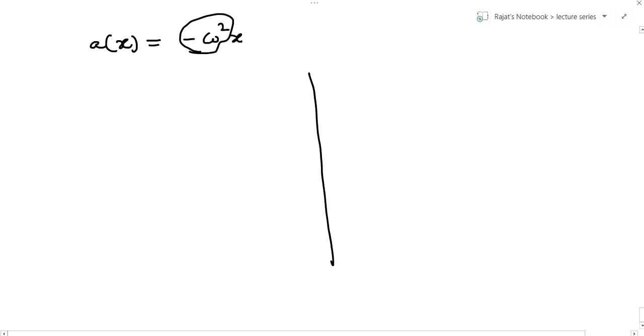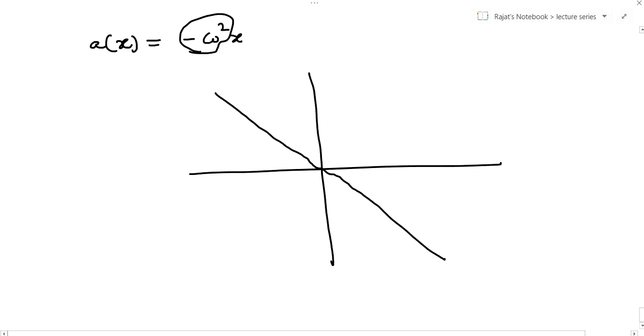So a straight line with negative slope which passes through the origin, because at x equal to 0, acceleration will be 0. So this will be a straight line like this. Very simple. This is the x coordinate, this is a, this is minus a.